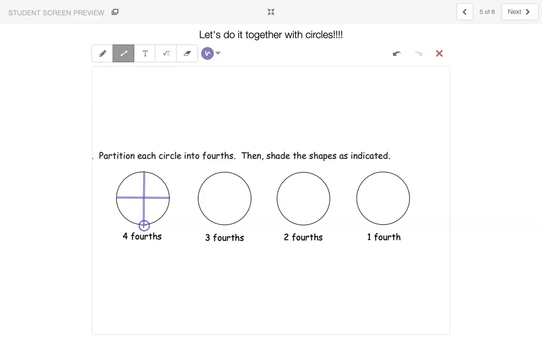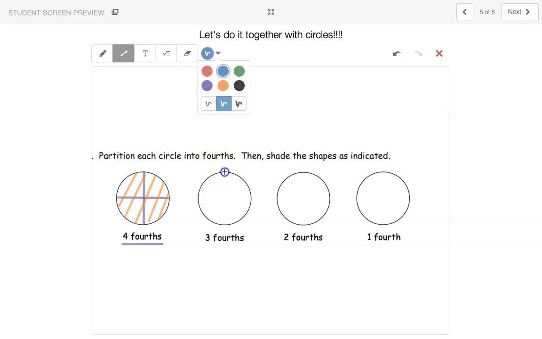I have my 4ths, and it's telling me shade in 4/4, so that's 4 out of 4. Here we go, and that means I'm shading in that whole circle.